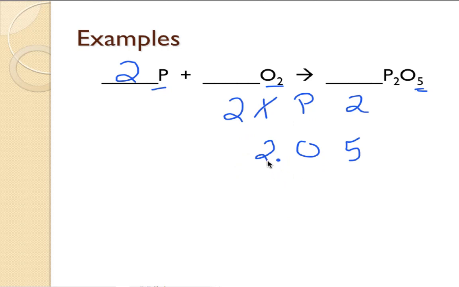All right, well, I have a 2 and a 5. Well, there's no multiple of 2 that's going to equal 5, so I'm probably going to have to change it to a common multiple, which would be 10. So I'm going to change this coefficient to a 5, which would then give me these 10. And then I'm going to change this to a 2, which would then give me 10 oxygens.